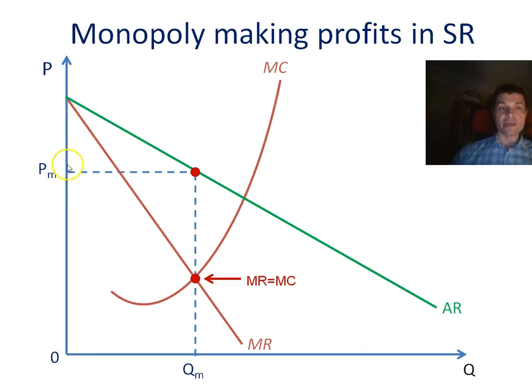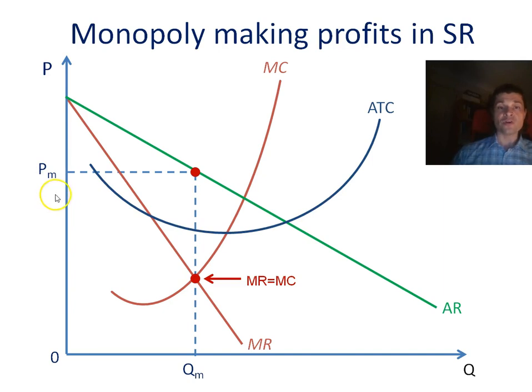And this will yield us the price that the monopoly will charge for its products. So you can see that the monopoly is producing QM level of output, and the demand curve's point that corresponds to it will give us the corresponding price for that quantity. So therefore PM is exactly that price.